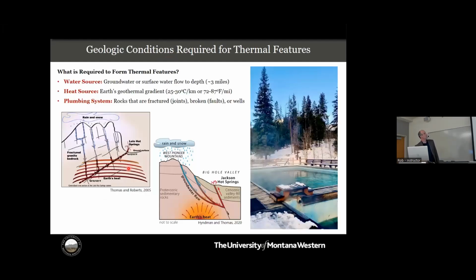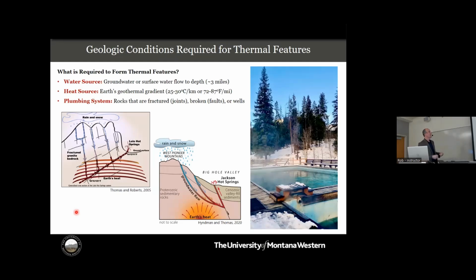Okay. So, in a nutshell, the geological conditions that are required to get these thermal features are a water resource, a heat source, and a good plumbing system. Simple as that. So groundwater can be that water source, or surface water that's flowing to depth could be that source of water. And depth meaning ballpark about 3 miles or so.